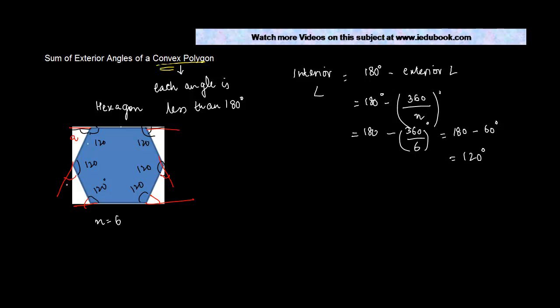Let's call them as A, B, C, D, E, and F. If you have to find out the sum of all the exterior angles of a convex polygon, how do you calculate it? The sum of all exterior angles of a convex polygon is equal to 4 right angles.